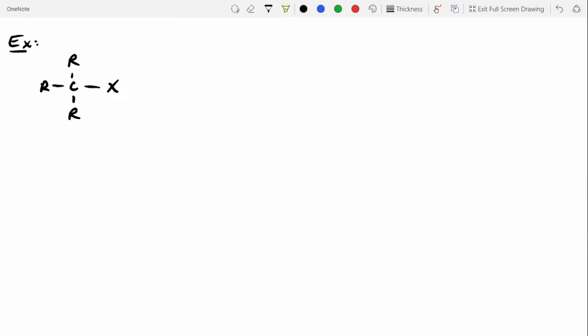Halogen carbon bonds tend to be a little bit weaker, with the exception of fluorine carbon bonds. And so if we show this as a homolytic cleavage, this halogen will get 1 electron, and this carbon will get 1 electron. And now we end up with a carbon that changes hybridization.